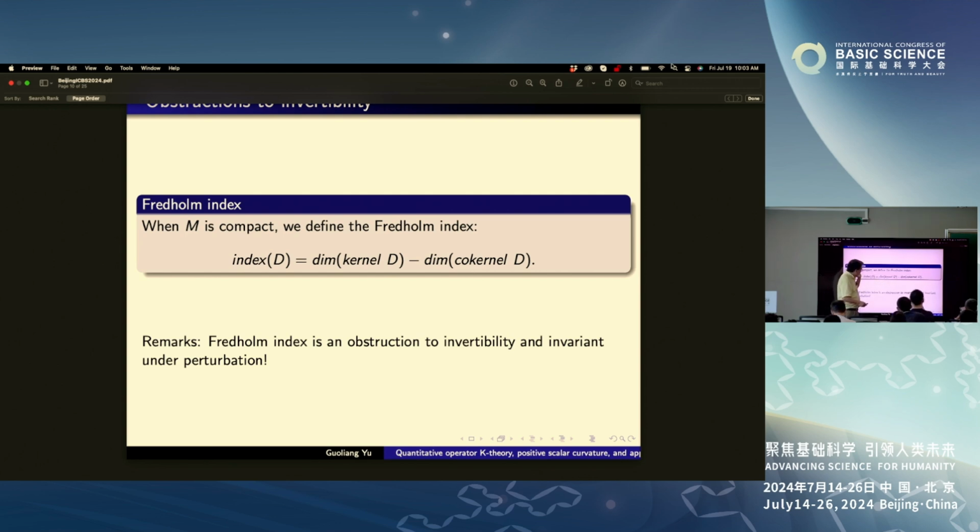Now, it's very natural to consider the kernel and co-kernel. The kernel is about uniqueness of the solution of a linear system. The co-kernel is about existence, when such a linear system has a solution. So separately, these two quantities are about the uniqueness and the existence of solutions of linear systems.